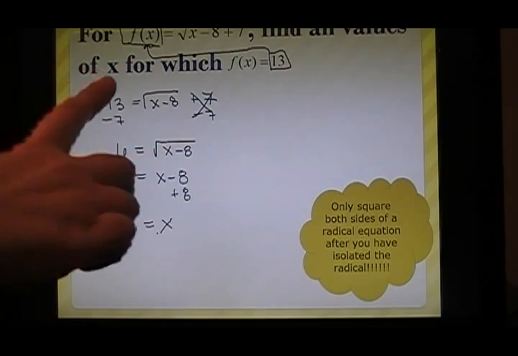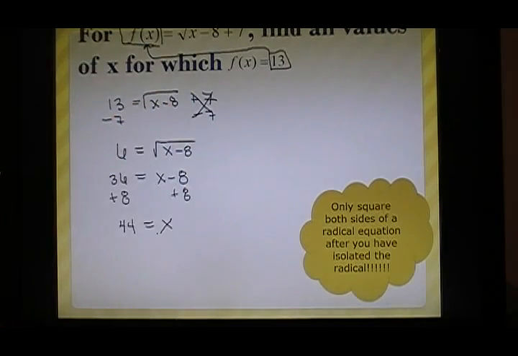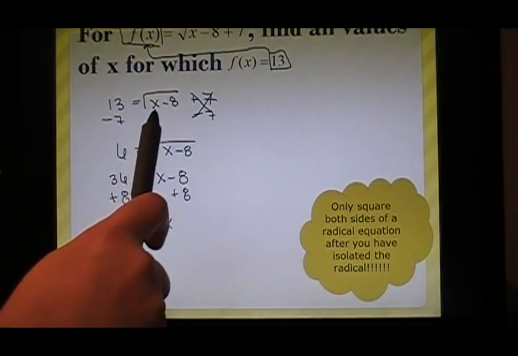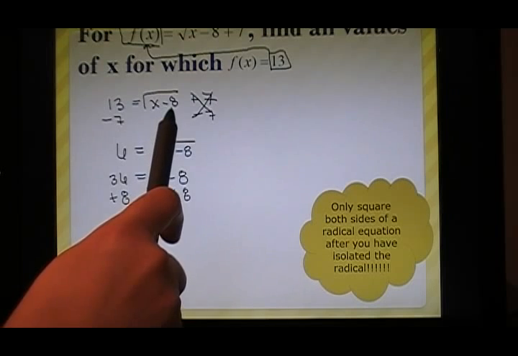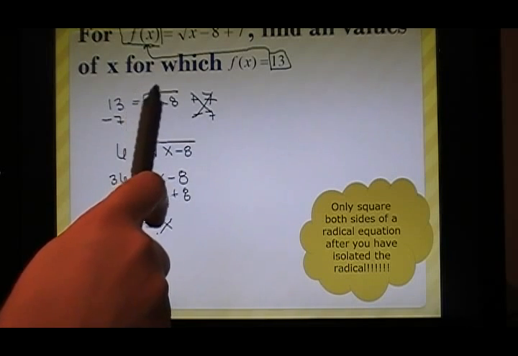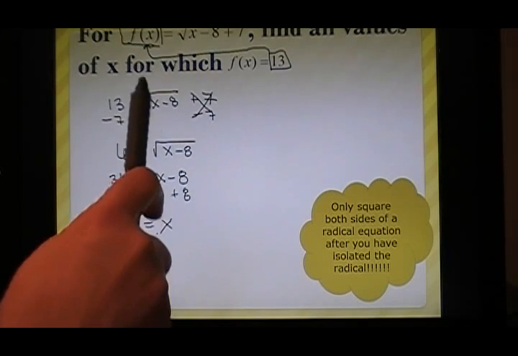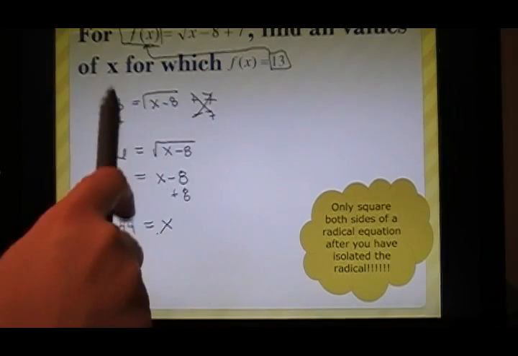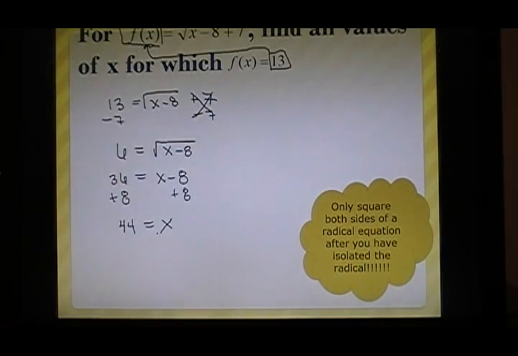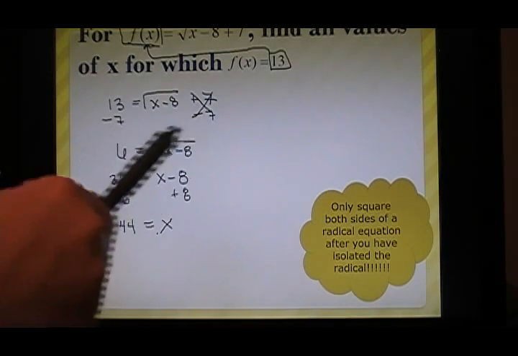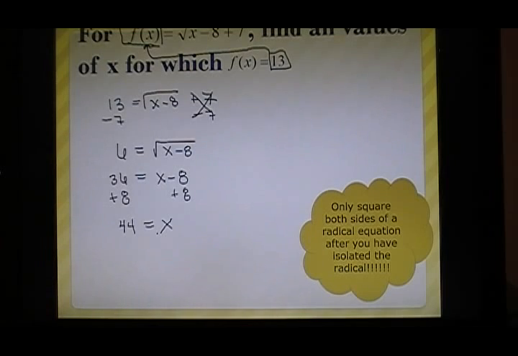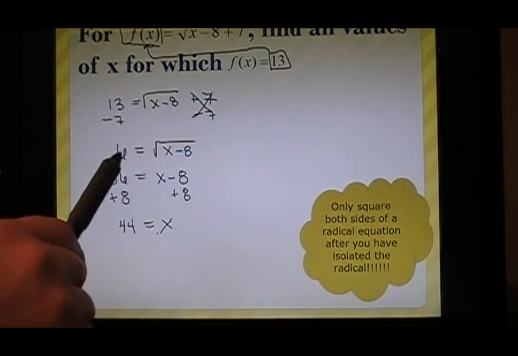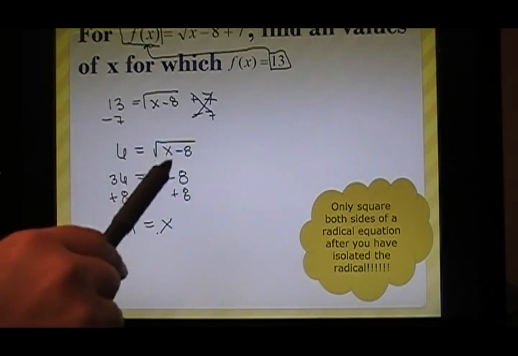Checking that in our equation, 44 minus 8 is 36. The square root of 36 is 6, and 6 plus 7 is 13. So it works. Or checking it where you've isolated the radical, you see 6 is the positive root of 36.